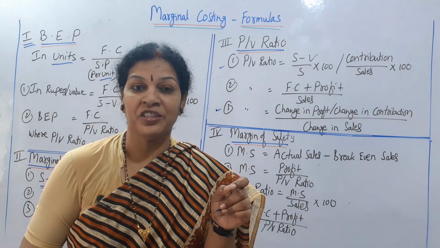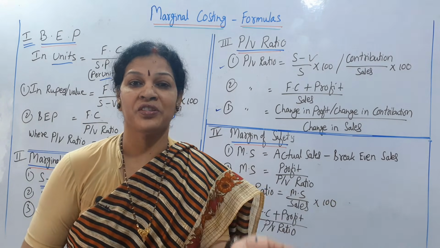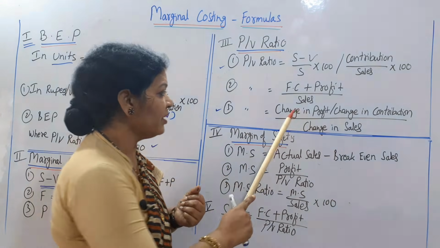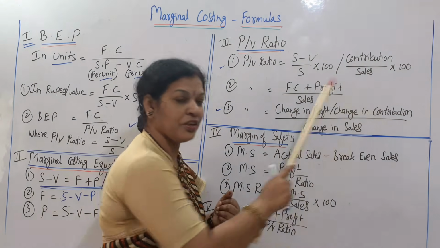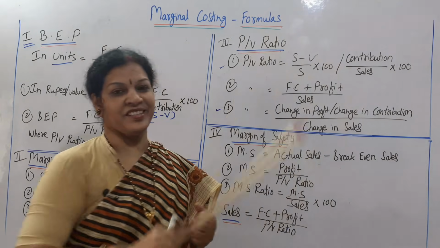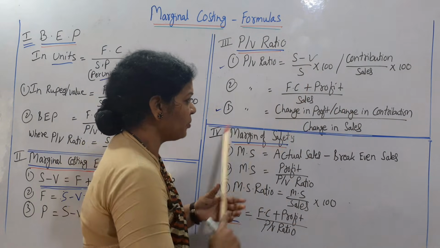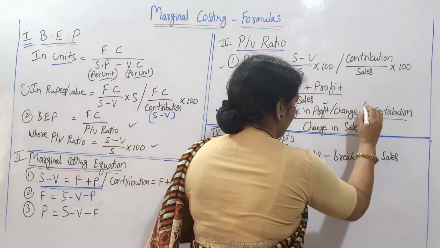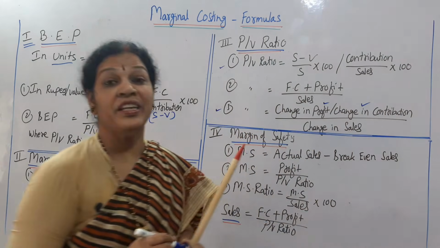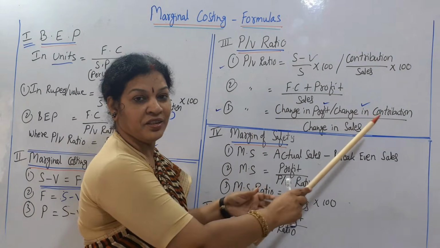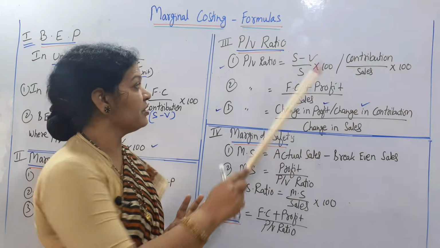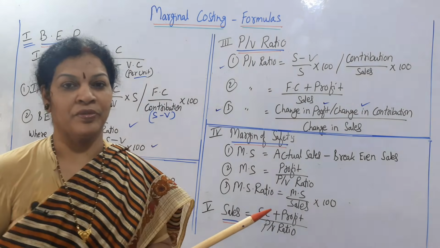How do you get the change in contribution? Difference of first year and second year. Change in sales is common. Either you take change in profit or change in contribution, any one, by change in sales. This is about PV ratio.